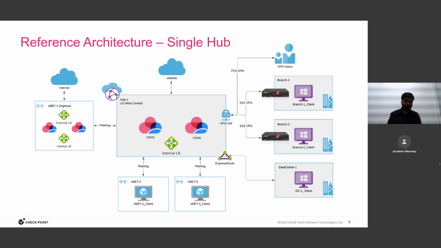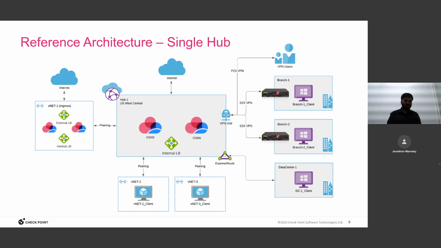We expose those applications via the load balancer public IP and maintain the records in the DNS. So xyz.com will get resolved via the external load balancer, and traffic will hit the external load balancer. The external load balancer has a backend pool, which is the Checkpoint VMSS.